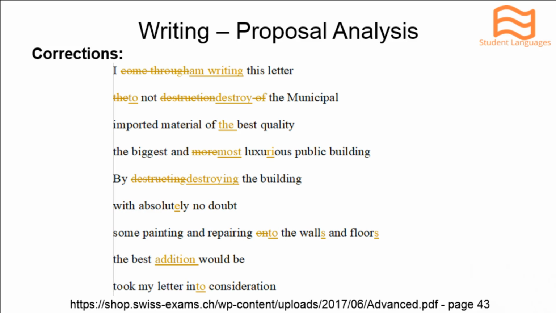The best with a noun, and we can use, for example, the word addition here. The best addition would be. And we normally say to take something into consideration. Into. To take something into consideration. Okay.